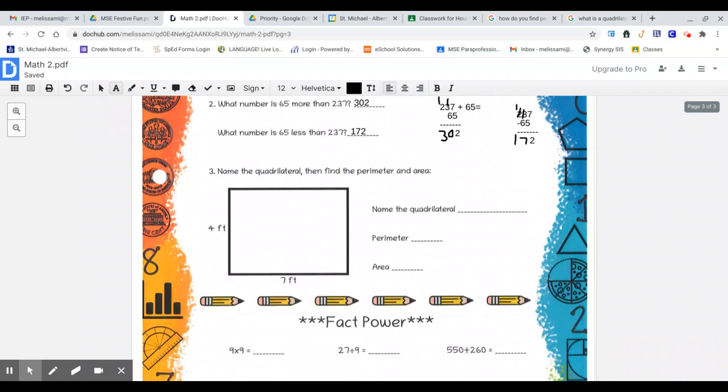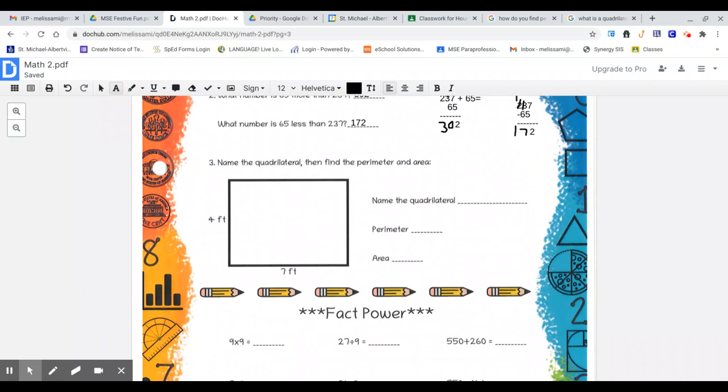All right. So from there it says name the quadrilateral, then find the perimeter and area. When I see this quadrilateral, it looks kind of like a square, but it's not. I know that it's not because my 4 and my 7 are different, right? So this quadrilateral could be a rectangle.